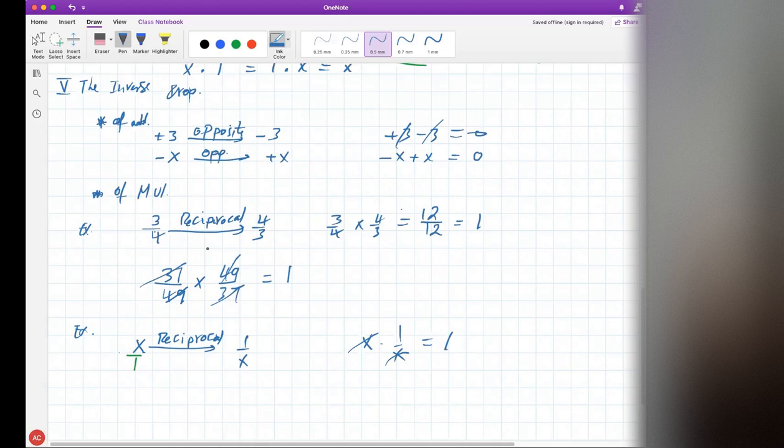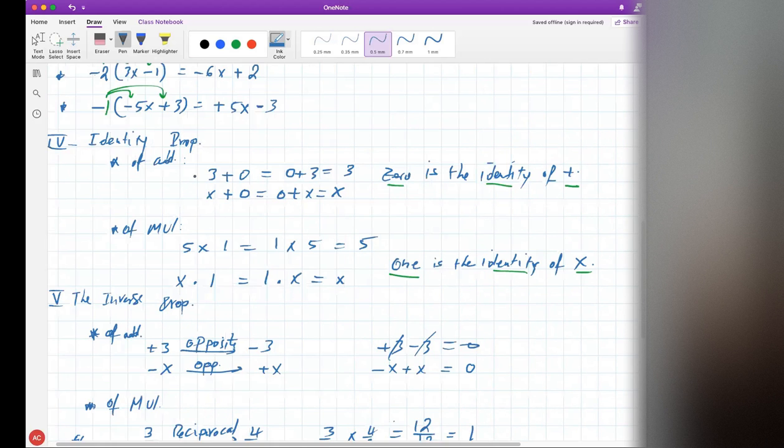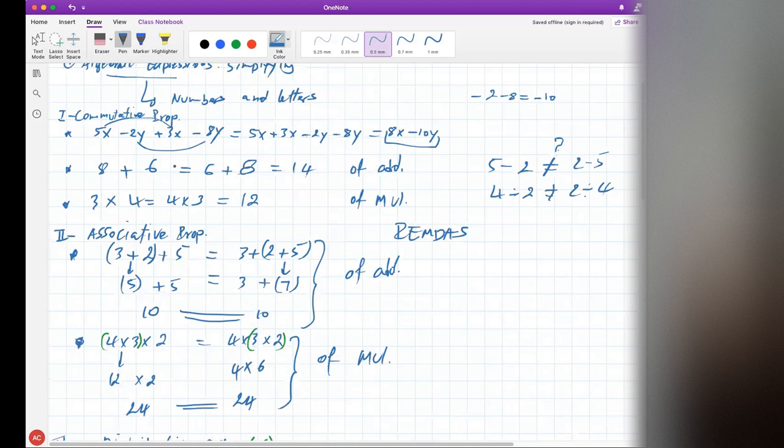That's basically the inverse property, and this can be very useful. When we use all these rules together, we simplify long expressions. You can cancel two opposites, and you can cancel something like this into 1. That's what we need to do to simplify expressions.